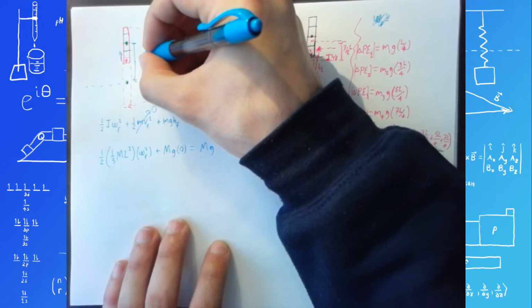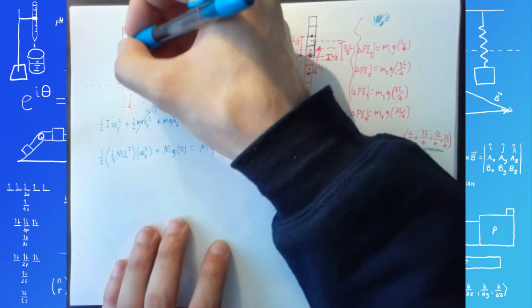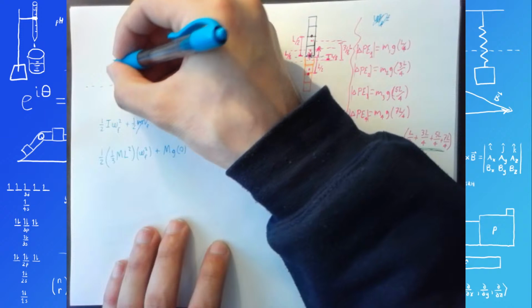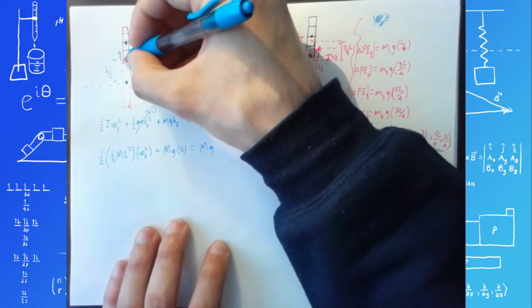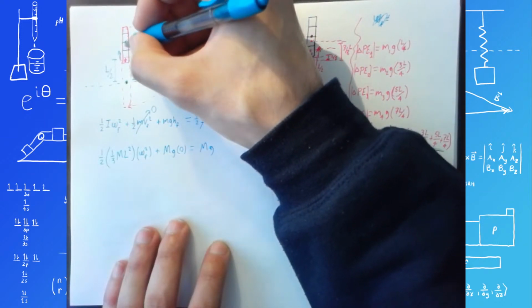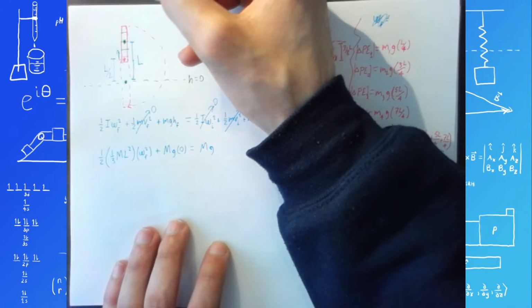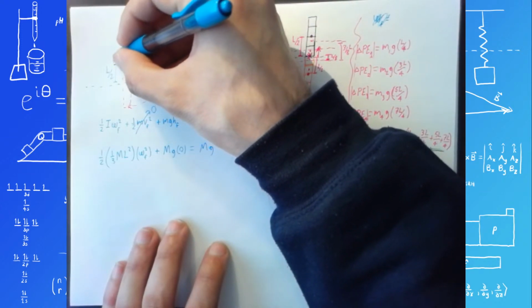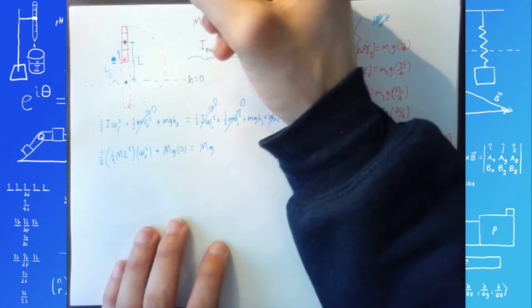That's just going to be the full length of the rod, right? This was from here to here is L over 2. And then from here to here is another L over 2. Well, actually my L over 2 needs to be, yeah, there. That's better.